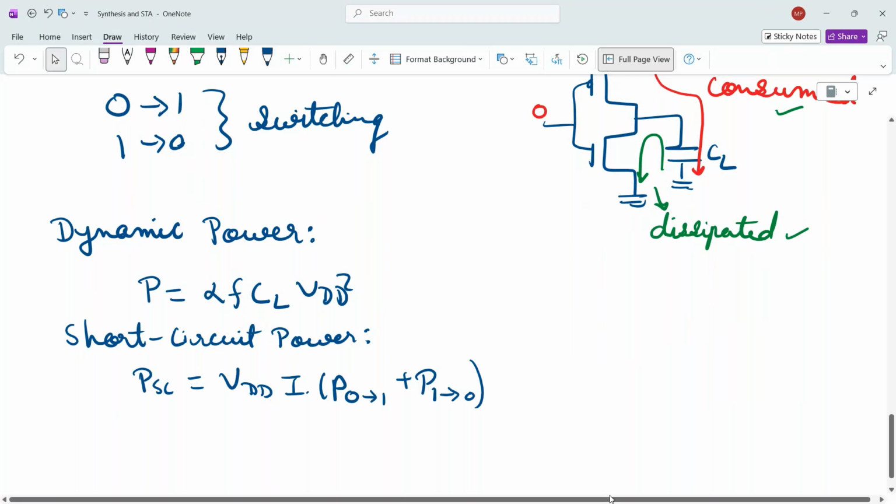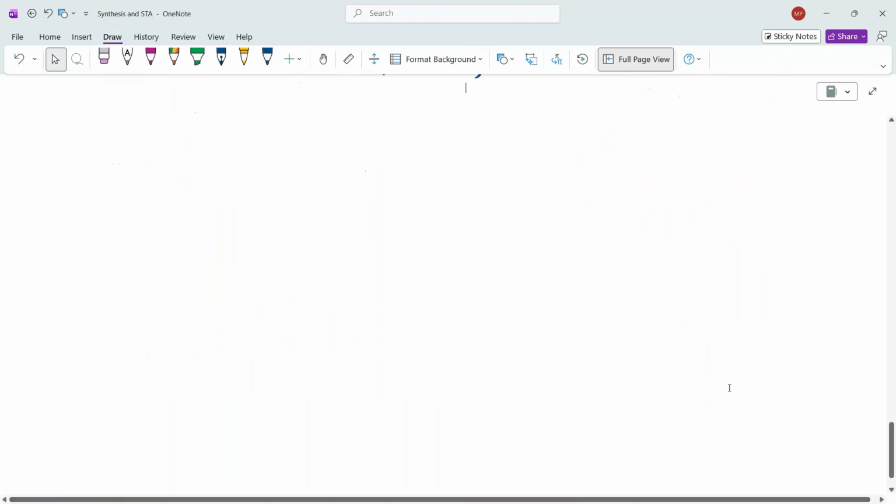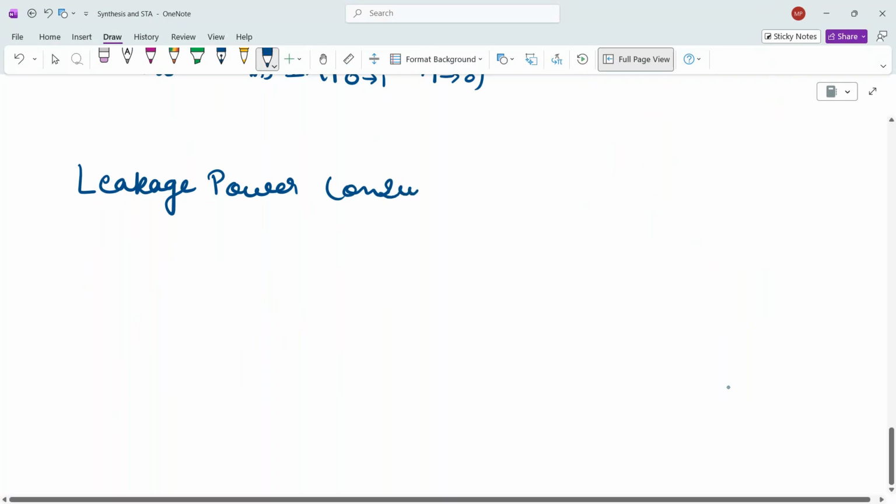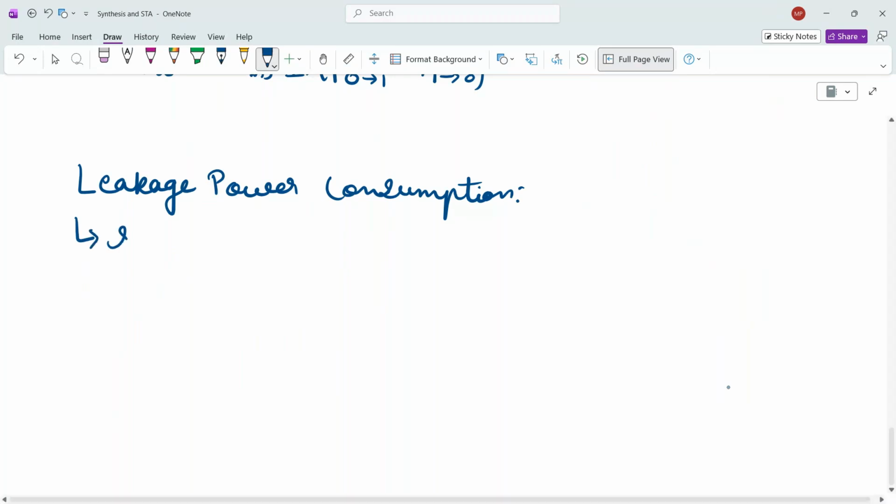Right. So let me explain the leakage power. There can be many types of leakage power that can be present, but the important ones to us are subthreshold leakage, which is playing a vital role, and gate oxide leakage.